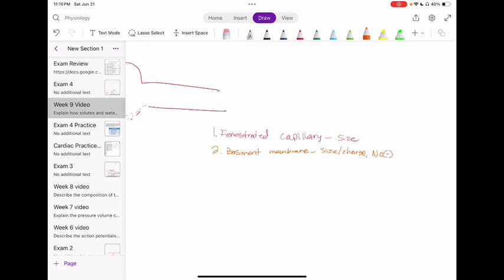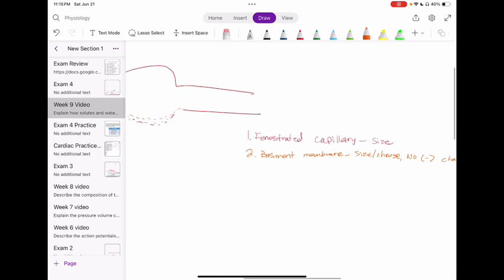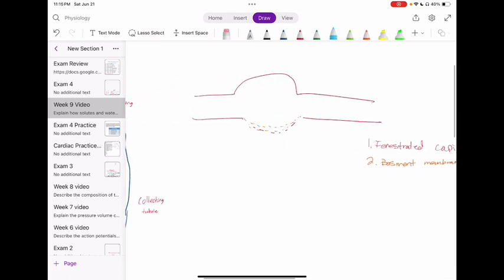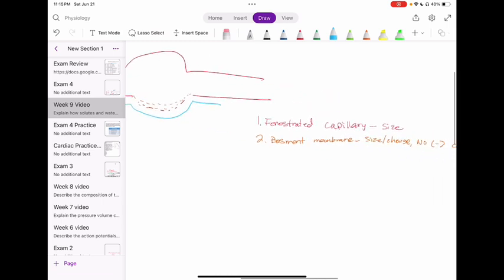This is nitric oxide. Oh, sorry, no, negative charge. Not nitric oxide. It does not allow negative charges to pass through it. The next filter here is our podocytes.